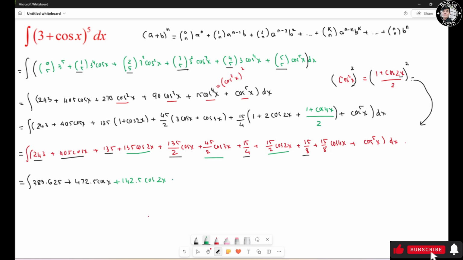This one right here, we just rewrite it. 45 divided by 2 is going to be 22.5 cosine 3x. This one we need to rewrite, plus 15 over 8 cosine 4x dx, plus the integral of cosine to the fifth of x dx, right?